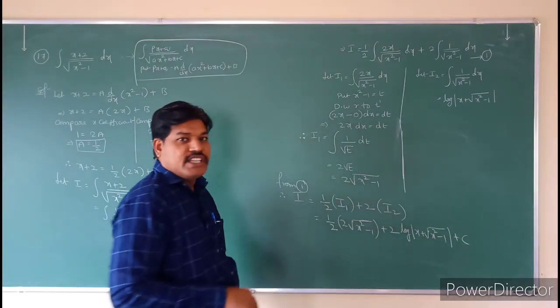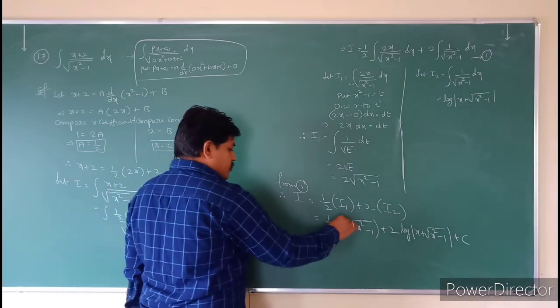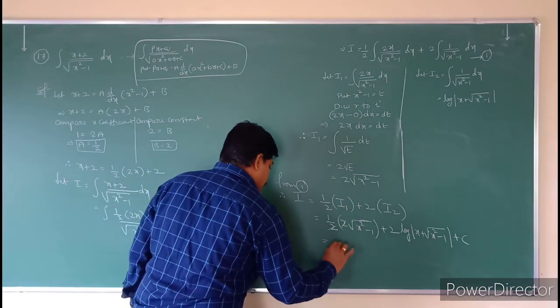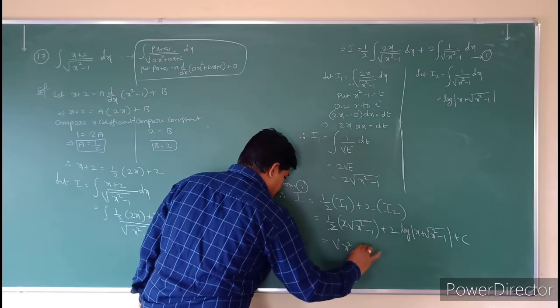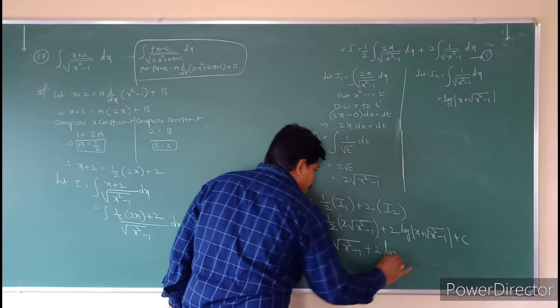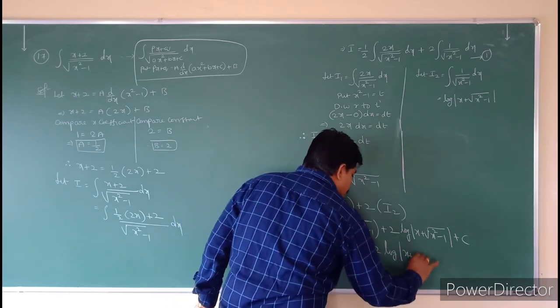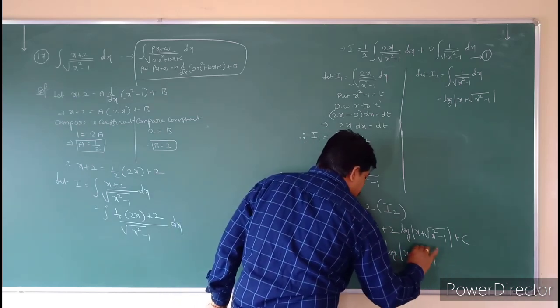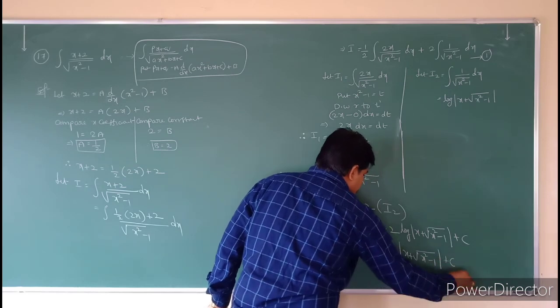Compulsorily you have to write the c here. Okay, so what happens? This 2 will be cancelled. You will get root of x square minus 1 plus 2 into log of mod x plus root of x square minus 1 plus c.